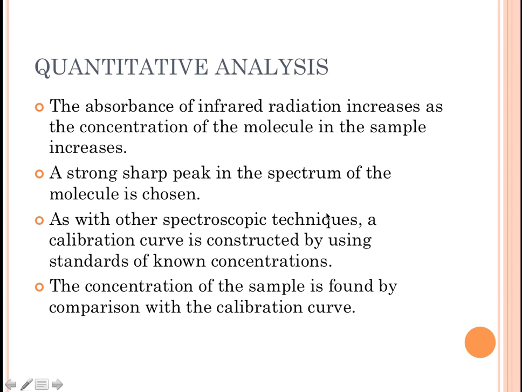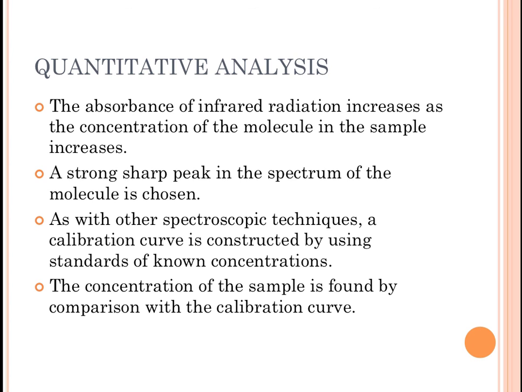We can also use IR for quantitative analysis, but that's much, much rarer. What we basically know is that the more of those bonds there are, the stronger the signal's going to be. So if we see a really deep peak, then we know that there are lots of that type of bond. If we're doing a side-by-side comparison, and we see one peak is bigger than the other, and it's the same type of peak, then we can say that that one has more of the bonds than the other.